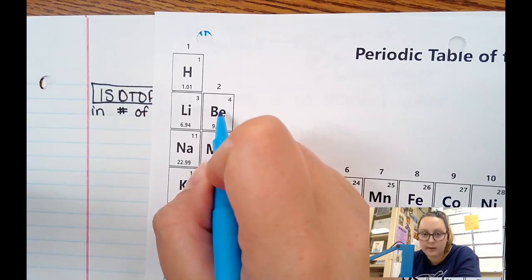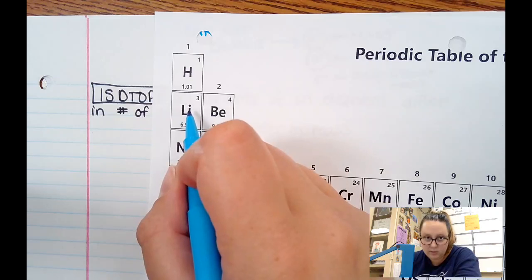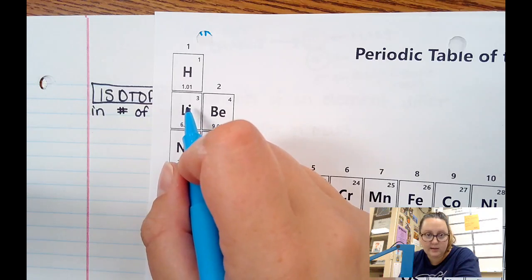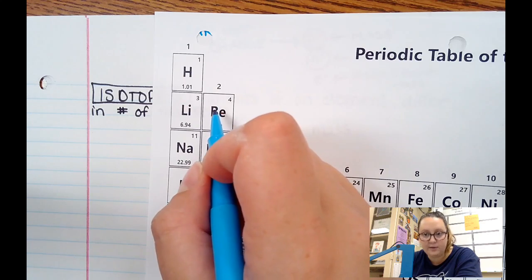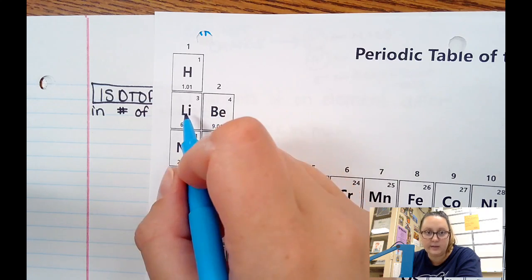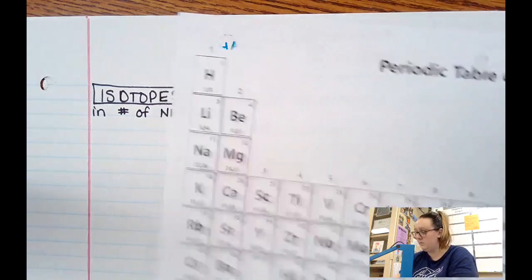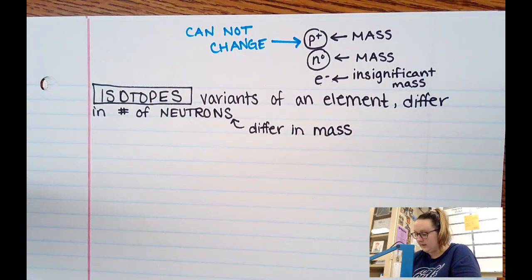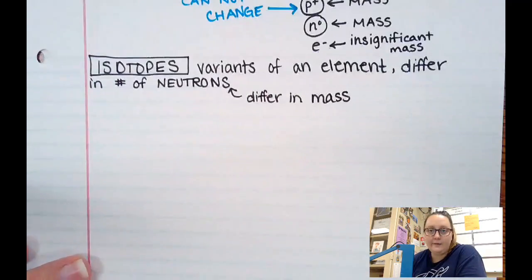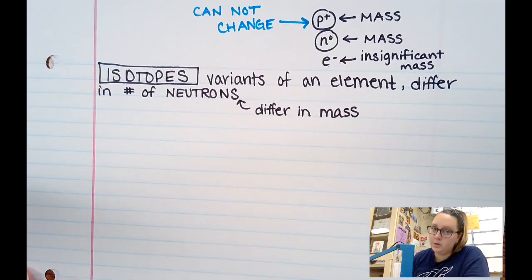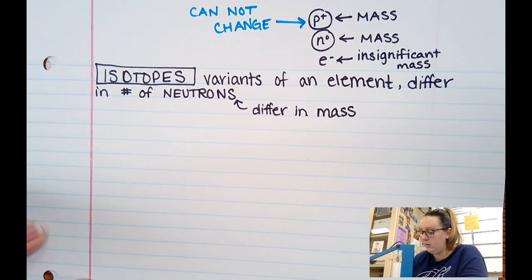Well, then you don't have beryllium. You just made lithium, and we can't do that. So beryllium will always have 4 protons. If something had 3 protons, it's not beryllium, it is lithium. That is the identity of the element. So with the isotopes, you will have to be told either the number of neutrons or the mass so you know what you're working with.